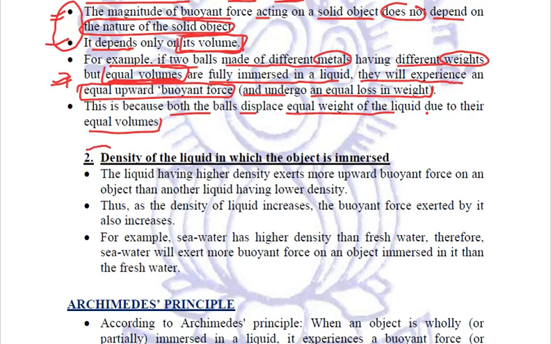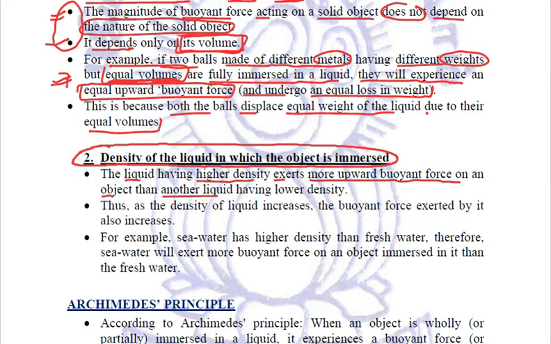Now the second important factor is the density of the liquid in which the object is immersed. If a liquid has higher density, it is going to exert more upward buoyant force on an object as compared to some other liquid which has lower density. That means as the density of a liquid increases, the buoyant force exerted by that liquid also increases.